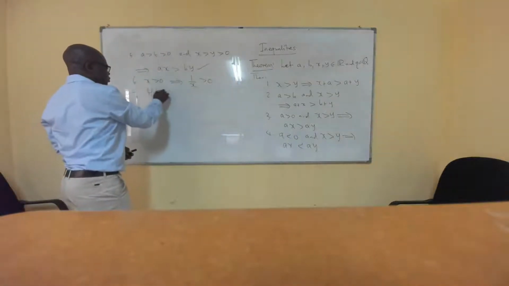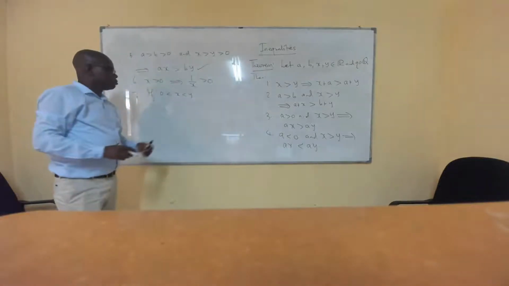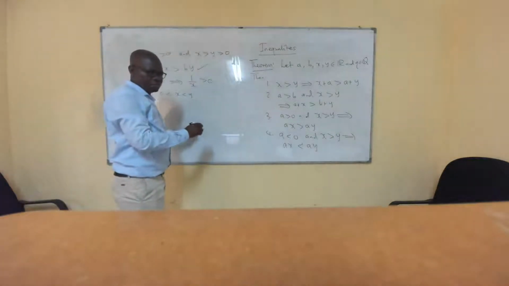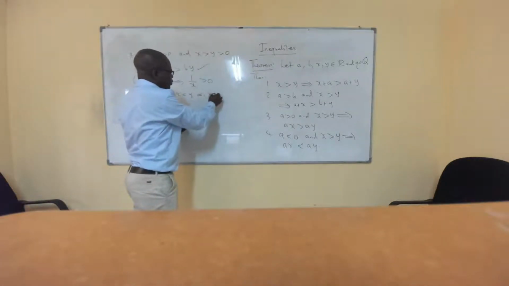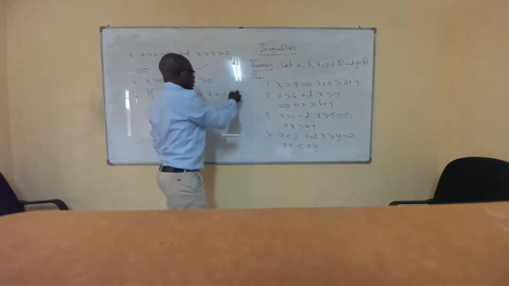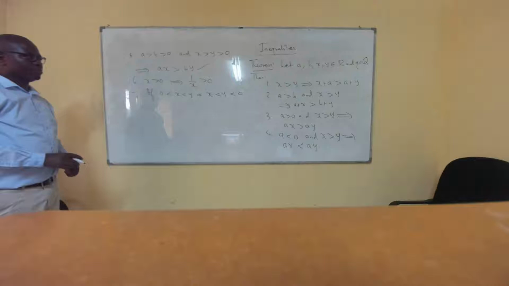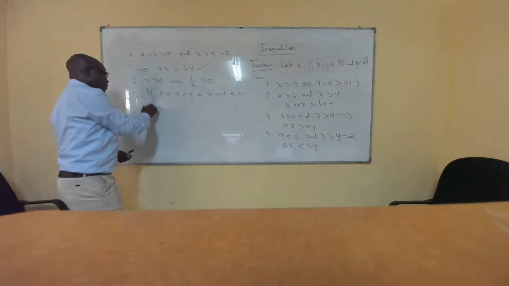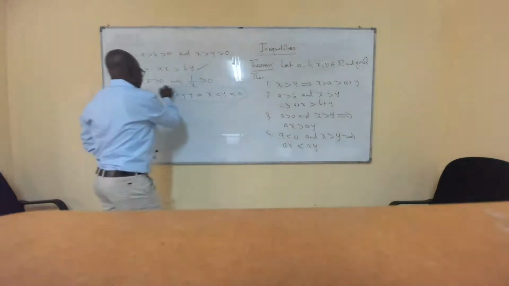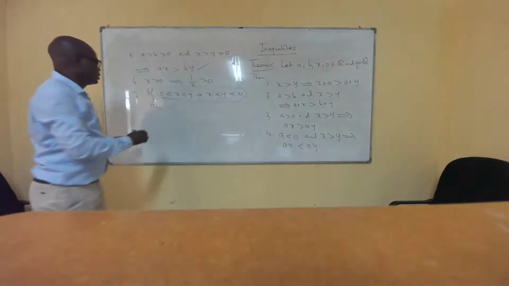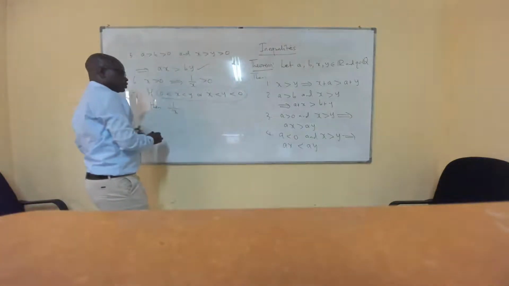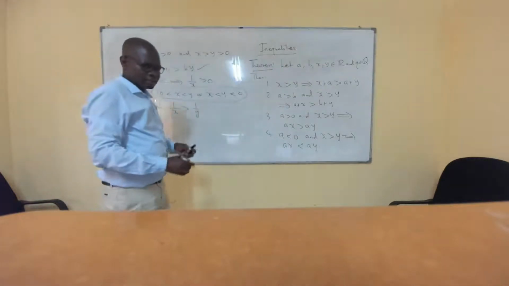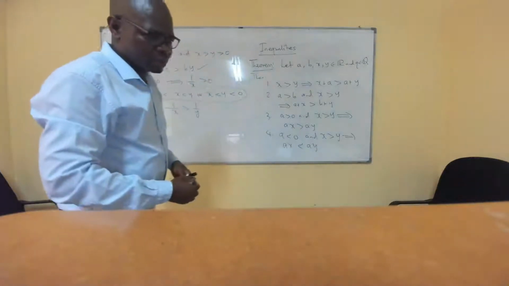So if you have two numbers which are positive because they are bounded below by 0, or these two numbers which are negative because they are less than 0, both of them, then if this is true, when you take the reciprocal, this should be reversed like this. The reciprocal should be reversed like that.